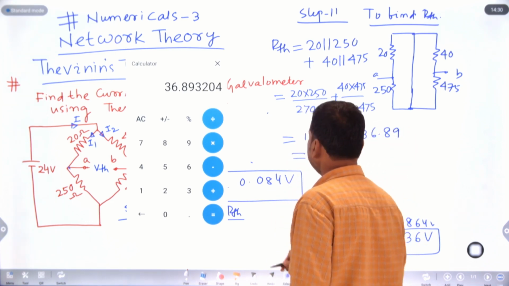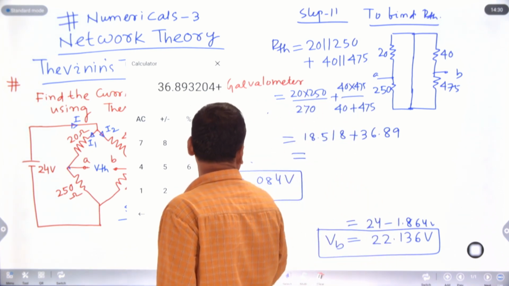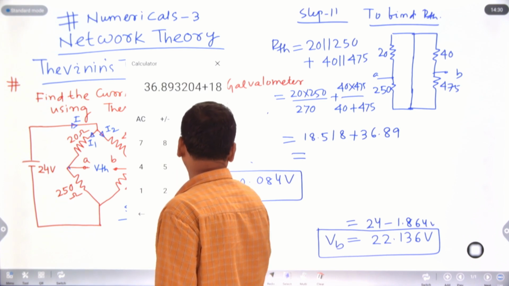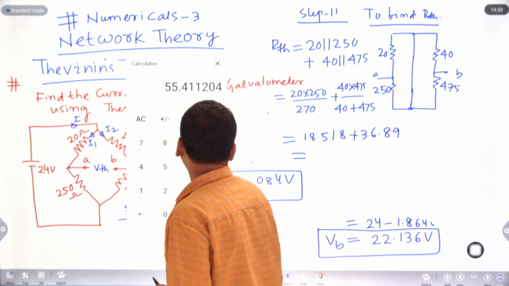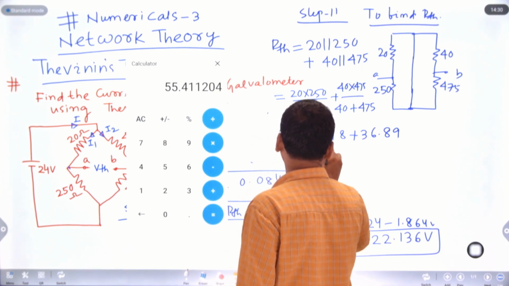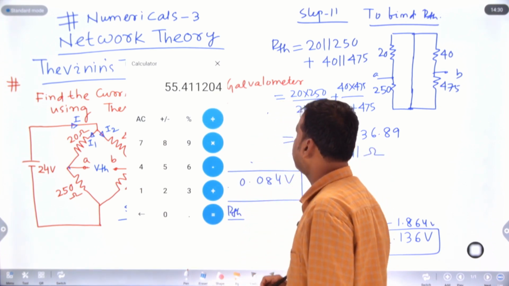If we add these, 36.89 plus 18.518, the value will be 51.411 ohm. This is RTH.